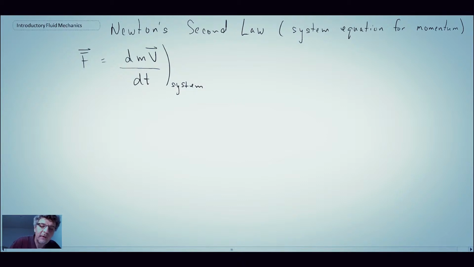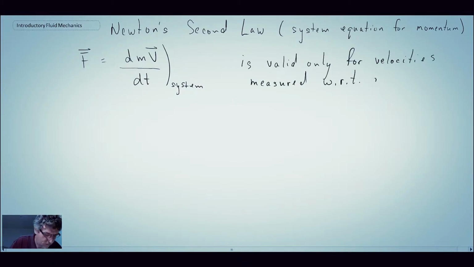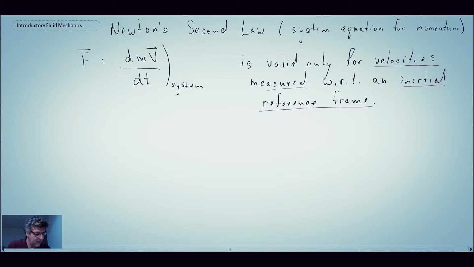So when we look at Newton's second law, what we see is that Newton's second law is valid only for velocities measured with respect to an inertial reference frame. And so with that, we have to do a little bit of a correction to our momentum equation. And that's what we're going to take a look at now.